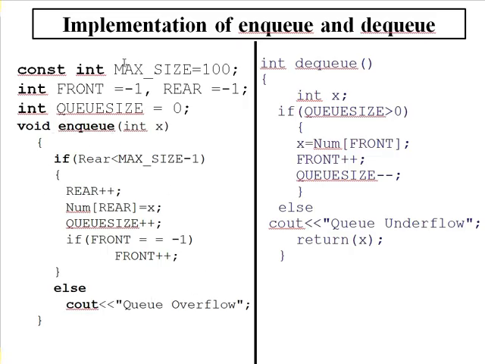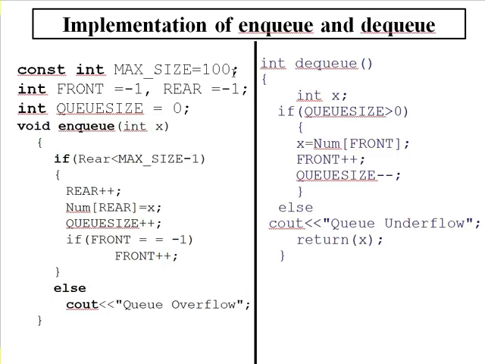So initially the maximum size of the queue, as we are implementing it using an array, we should set the maximum size. We initially set it as 100. We can just specify any size depending on the memory capacity of our computer.